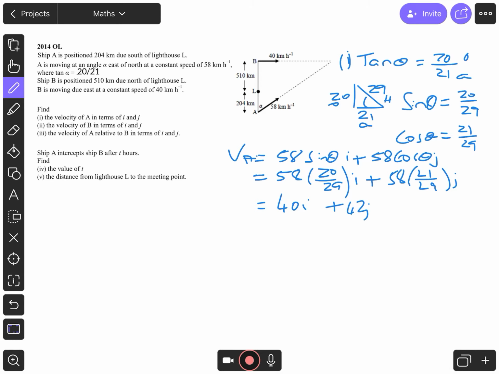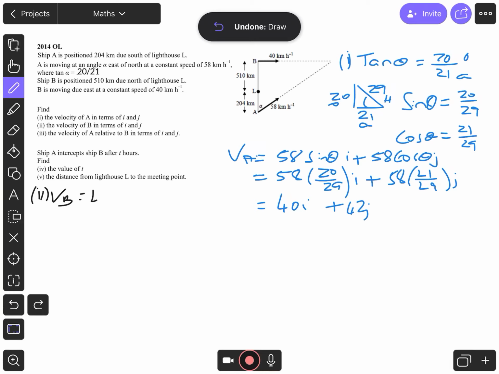For part two, they ask us to find the velocity of B. The velocity of B is nice and simple, it's just going along the i plane, so we don't need to worry about the j part. It's going to be 0, and we're going 40 kilometers per hour, so it's 40i and 0j.